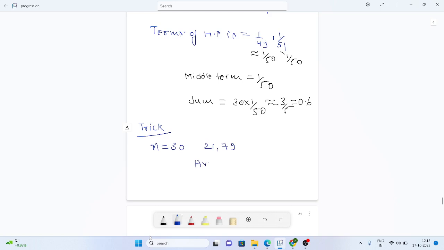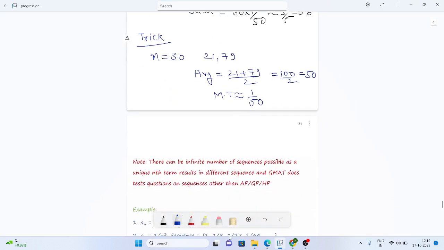So you take the average of these two, which gives you 50. So the middle term of the HP is directly 1 by 50. So you don't need such a long procedure, and you get the answer in 1 or 2 minutes, right?